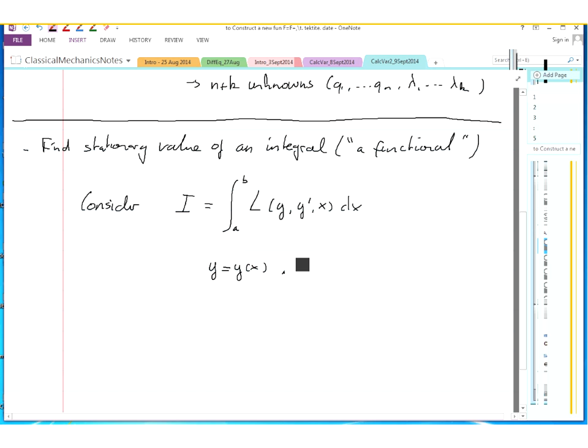So y is a function of x, and y prime is dy by dx. It's common in calculus to denote the derivative with respect to x with a prime. And x is the independent variable.